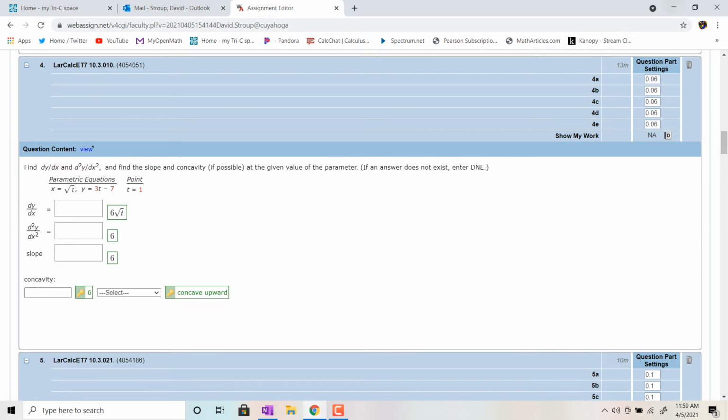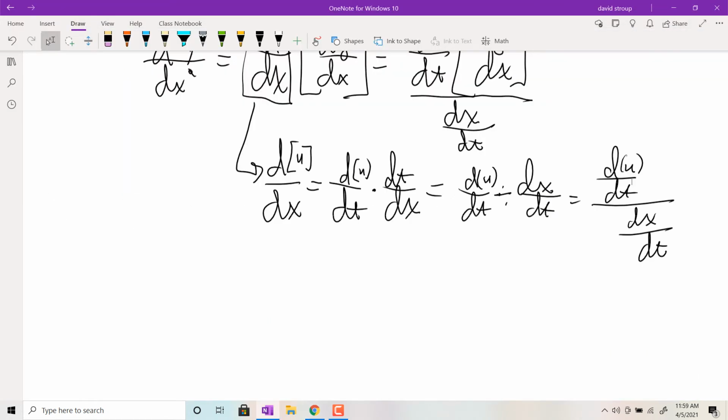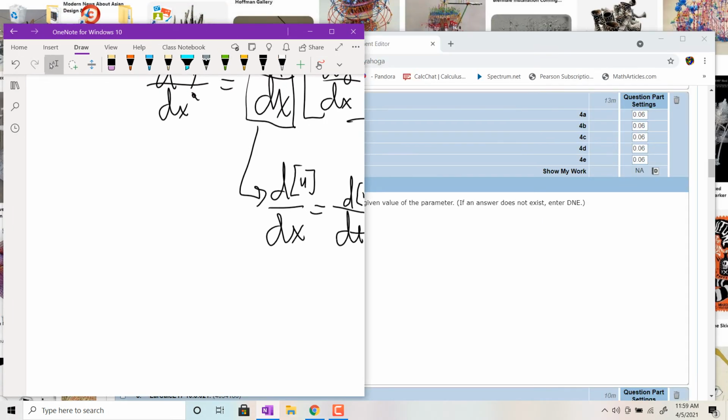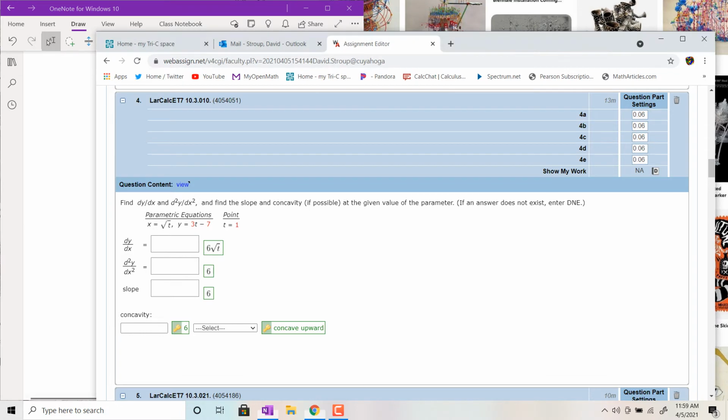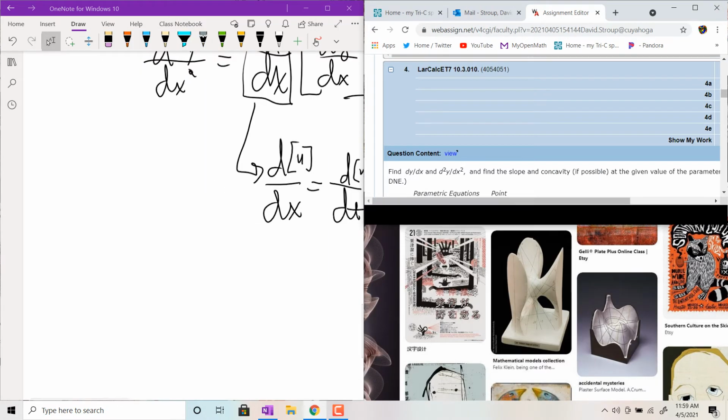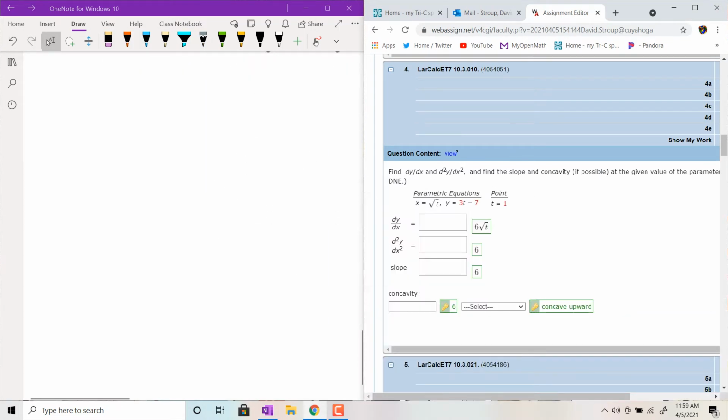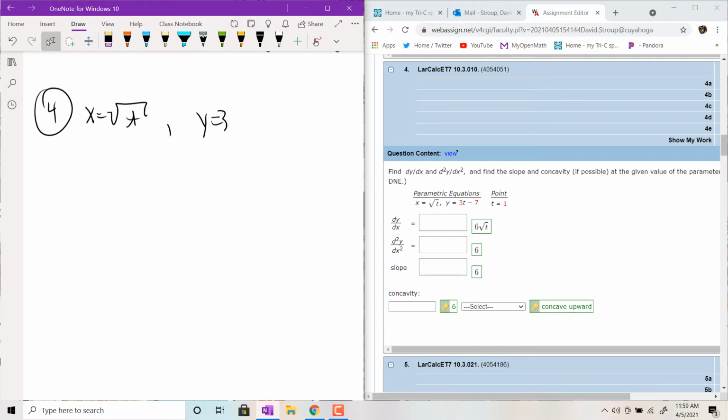Here's one. So this is like problem number 4 in WebAssign. x equals square root of t, y equals 3t minus 7, and we want to evaluate each of these at the point t equals 1.